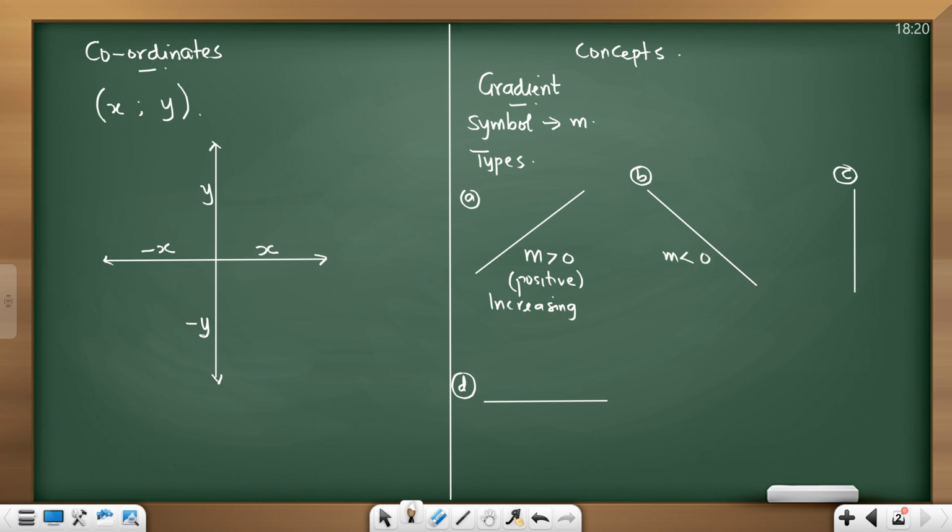Gradient is less than 0, so our gradient is a negative answer, and this is a decreasing gradient.